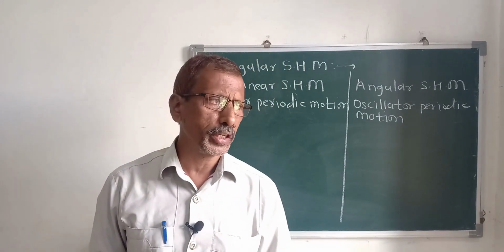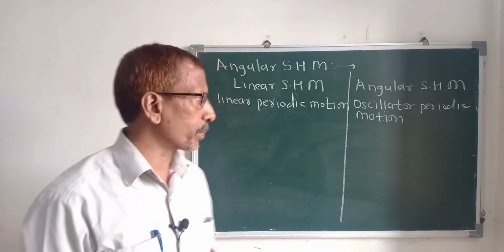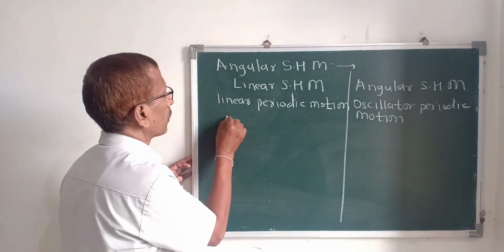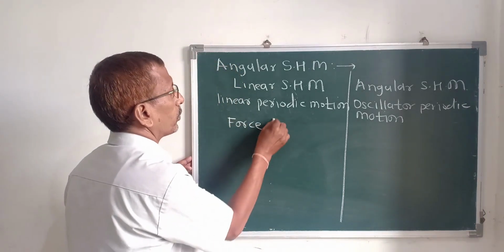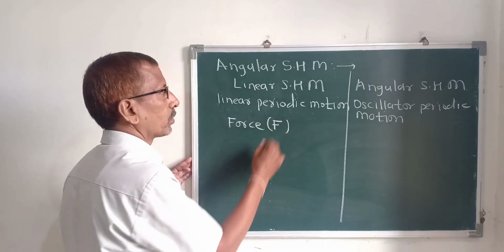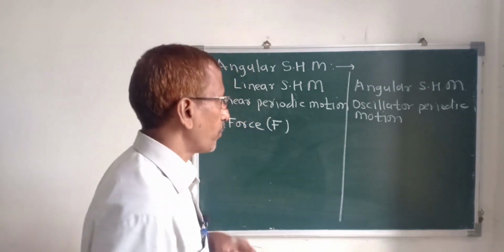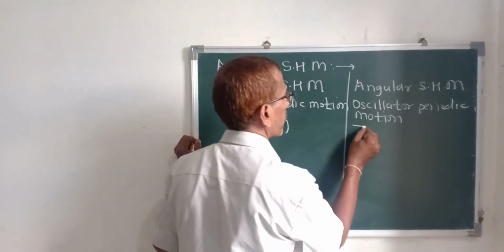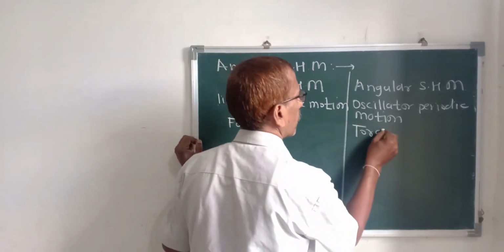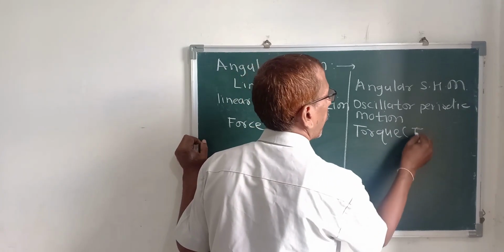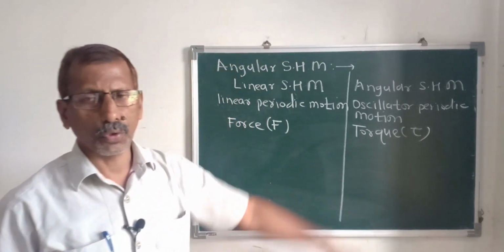Force is necessary to produce linear motion, denoted by F. Here, torque is necessary for angular simple harmonic motion, and this torque is denoted by tau.